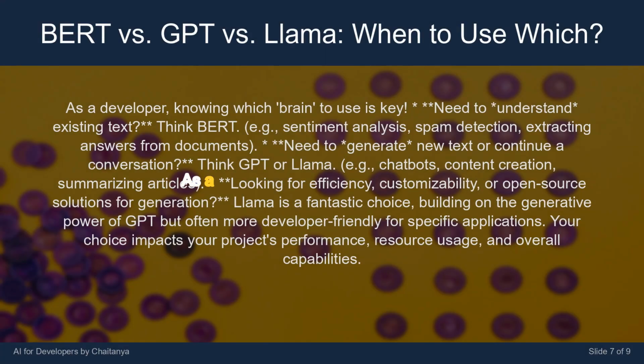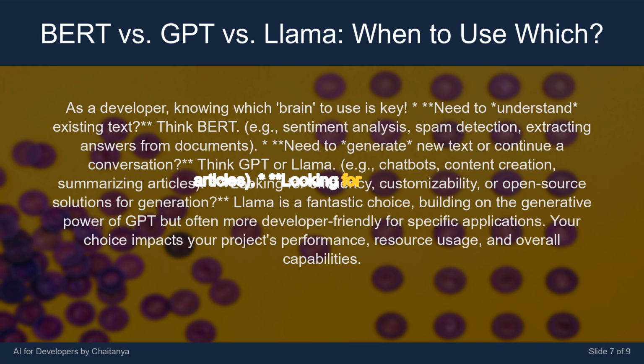As a developer, knowing which brain to use is key. Need to understand existing text? Think BERT, e.g., sentiment analysis, spam detection, extracting answers from documents. Need to generate new text or continue a conversation? Think GPT or Llama, e.g., chatbots, content creation, summarizing articles.